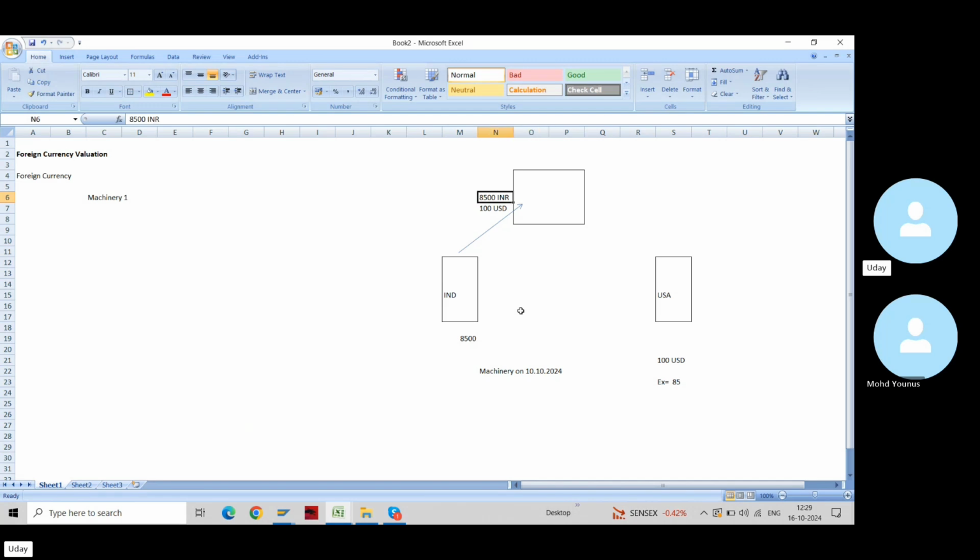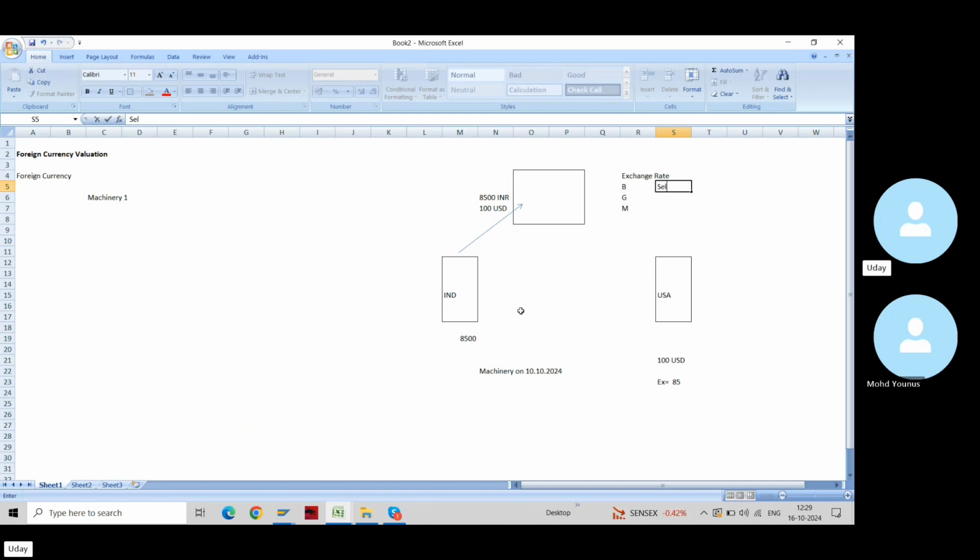Whenever the banks are selling some currency to us, we call it the exchange rate. But in exchange rates, we have three exchange rates. We call them B, G, and M. We denote BGM in SAP. B means selling rate.